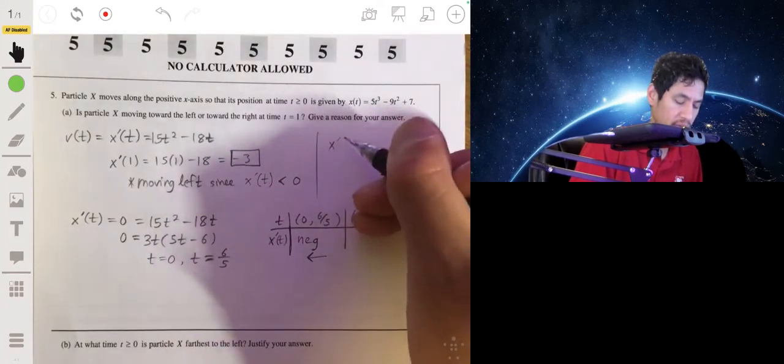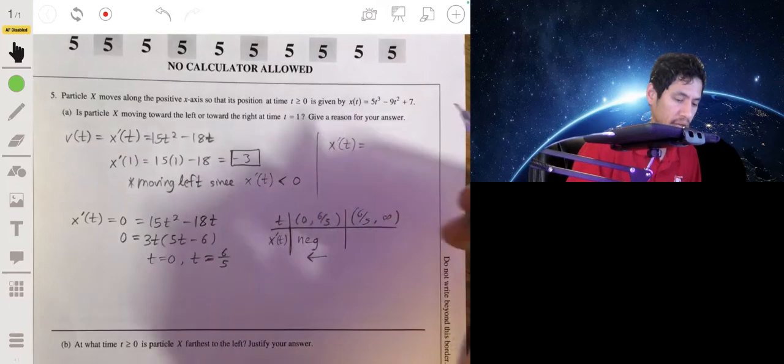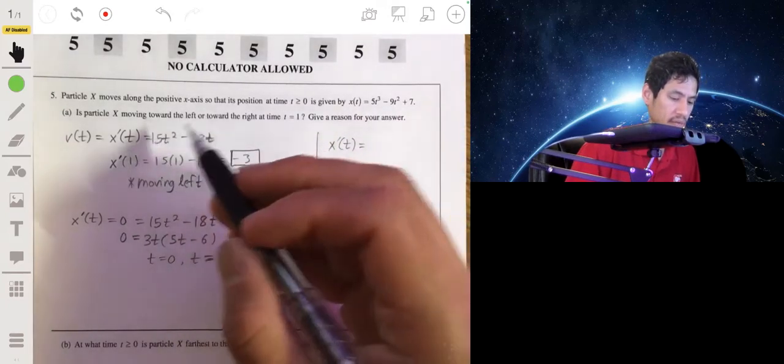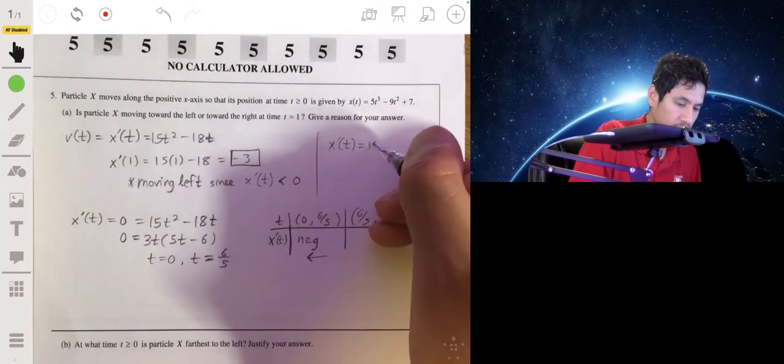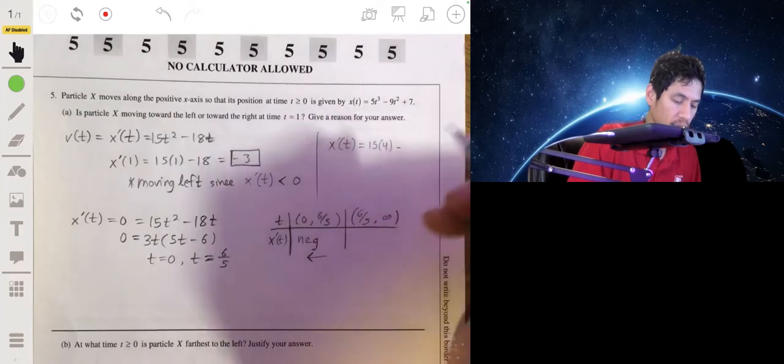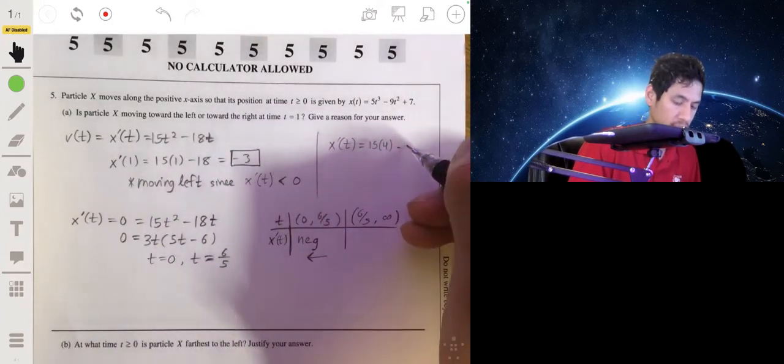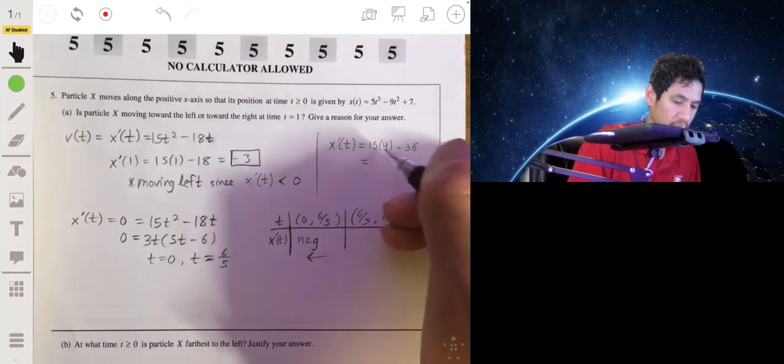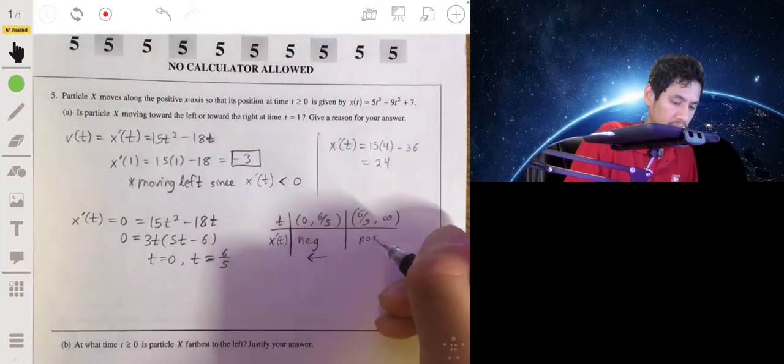So we'll take x prime of 2, see what we get. So we'll get 15 times 4 minus 18 times 2, so minus 36. With 60 minus 36, we get 24. And that's positive.